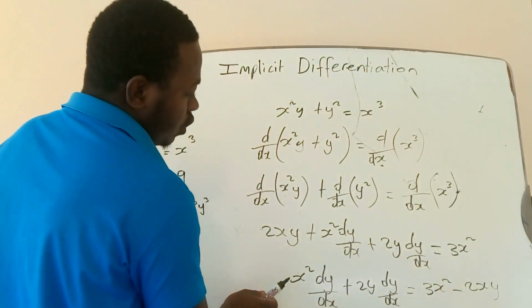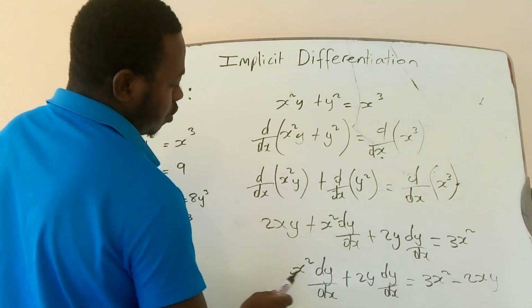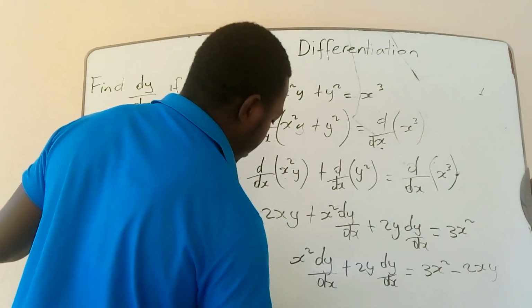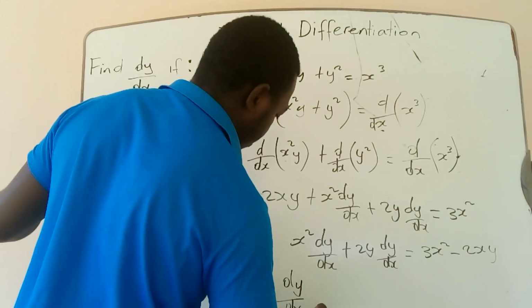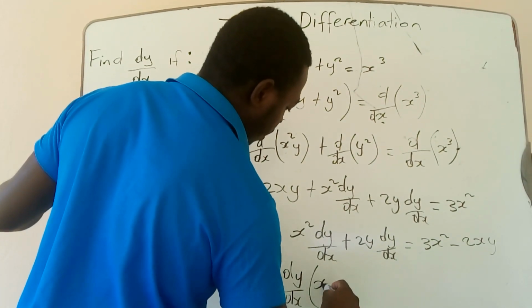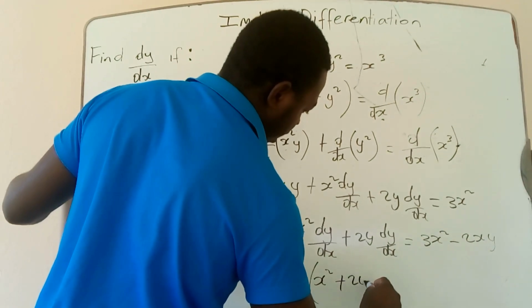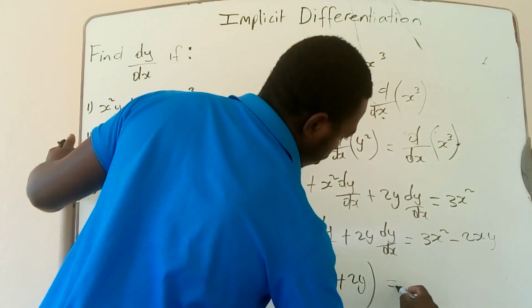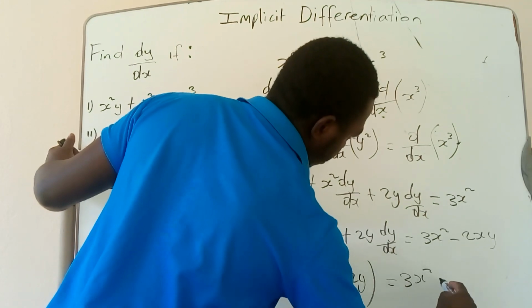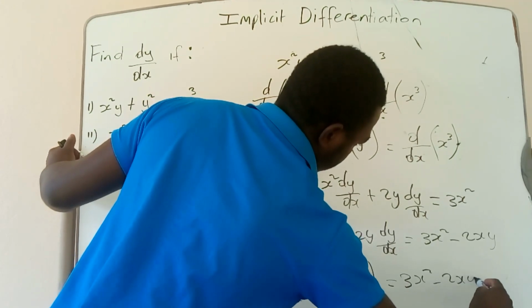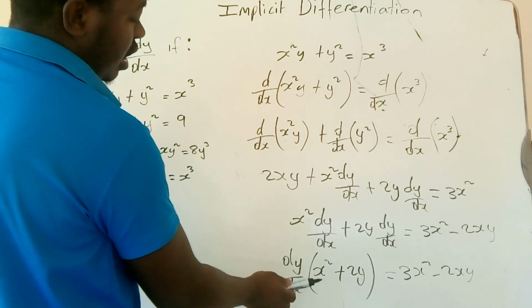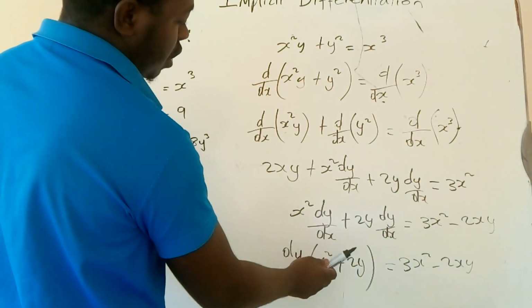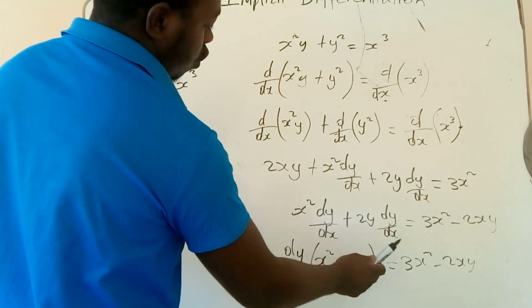So what am I going to do here? Dy by dx is common to both terms. That means I can factor out dy by dx. So if I factor out dy by dx, then this leaves me with x squared plus 2y equal to 3x squared minus 2xy. Right? Now I want dy by dx by itself. I have to divide by x squared plus 2y.